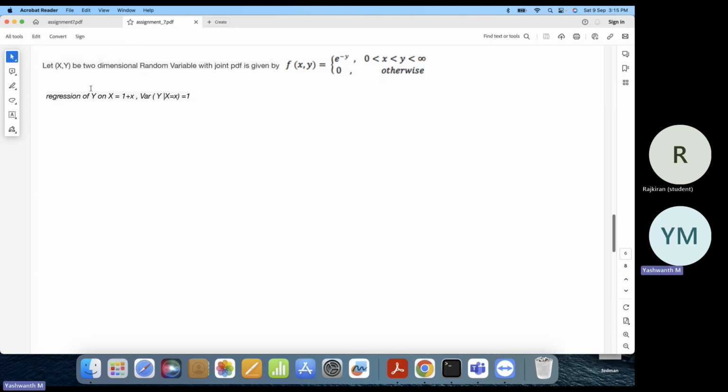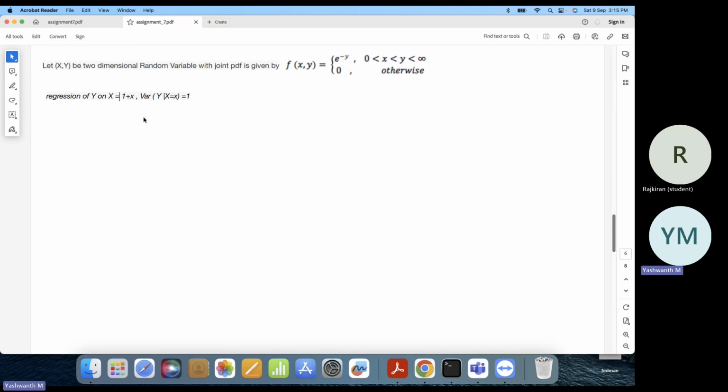Okay, so that's not the question. What we want is: what is the regression of y on x? Here the regression of y on x is nothing but you want to approximate the random variable y by some linear combination of x, some constant times x plus some shift b. So y is approximately ax plus b, because y is not equal to ax plus b.